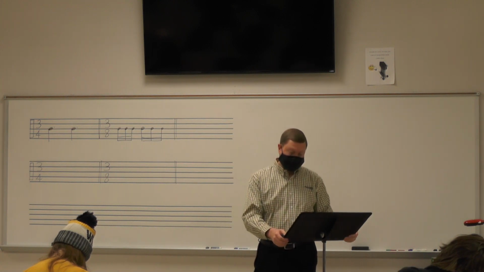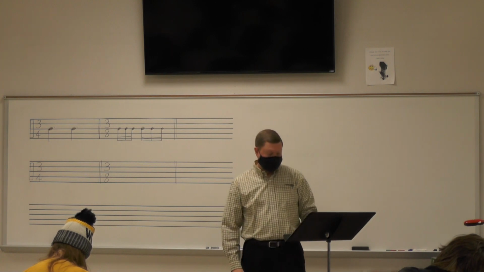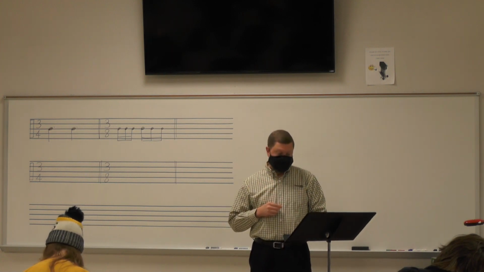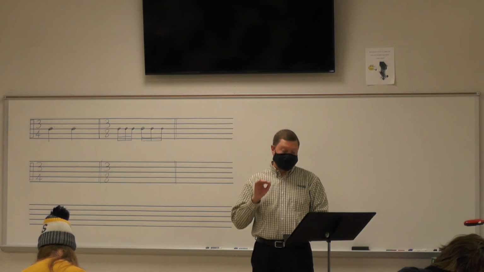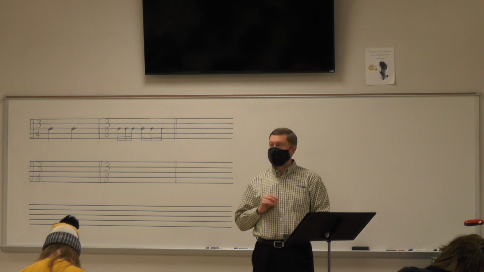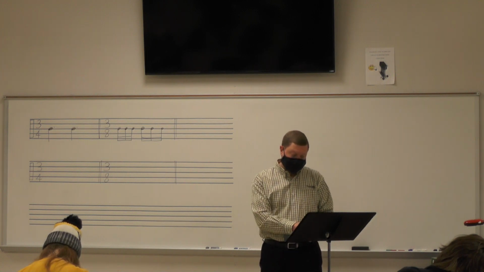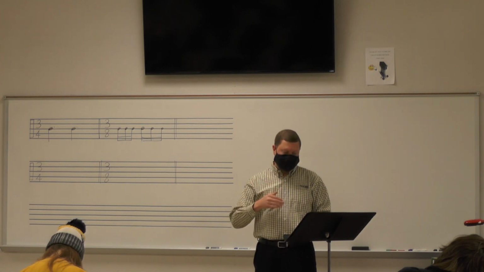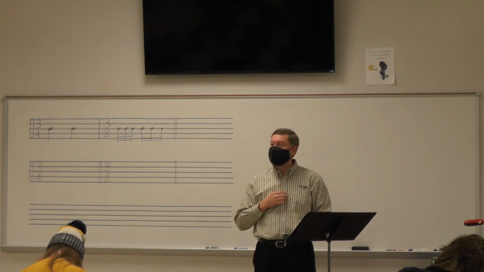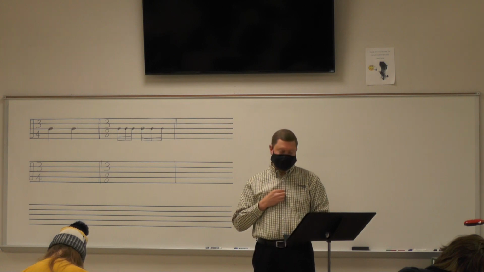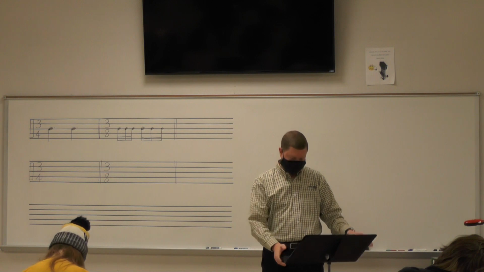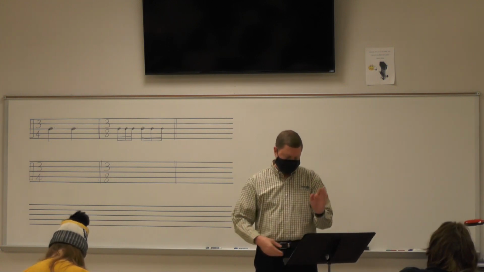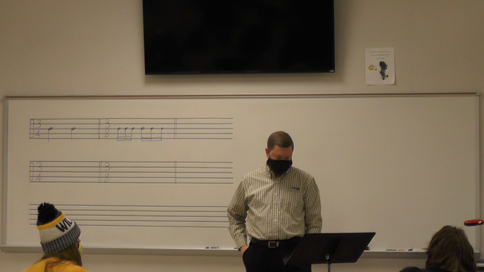So 12 divided by 3 is 4. That means we're dealing with compound quadruple. There should be 4 dotted 8th notes worth of time per measure. And so for every dotted 8th note, or every 3 16ths, I would draw an arrow to show the beginning of that particular beat in that measure. Does that help? Okay, so that one, the beat value is the dotted 8th.